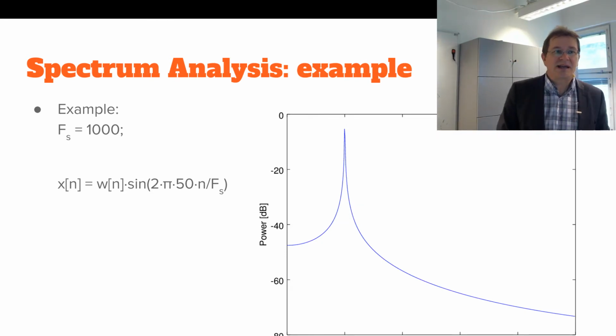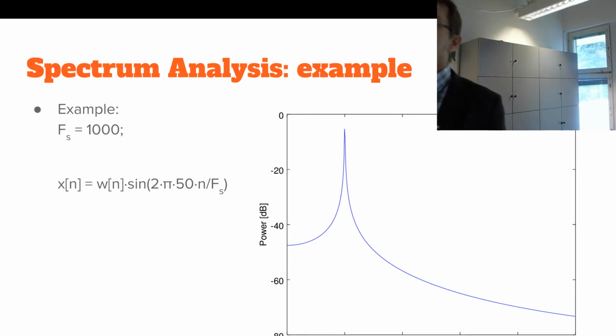There is an example of spectrum analysis, and again we have power in decibels. That's basically a window function times a sine of 50 hertz. And why do I have that window function there?